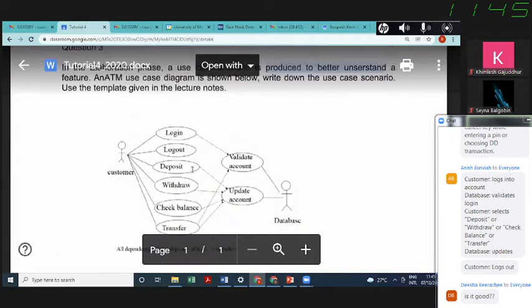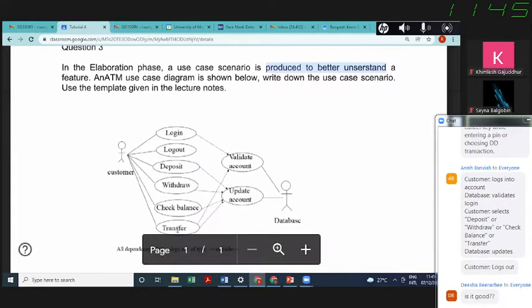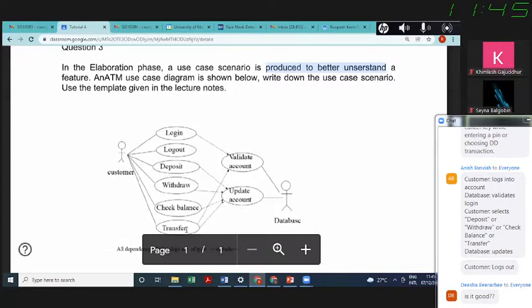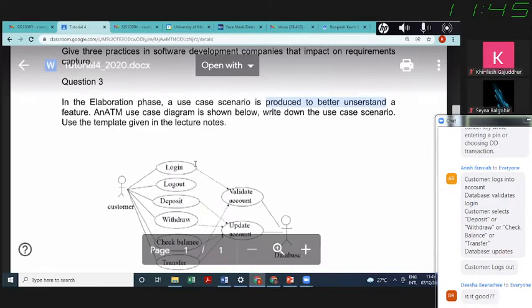The order is important, because when you're moving down here, it shows the flow of operation. For example, you have to log in first before you deposit or withdraw. So you cannot put login as a process down below. Login happens at an early stage, then deposit, then withdraw, check balance, transfer, and so on. This is important.